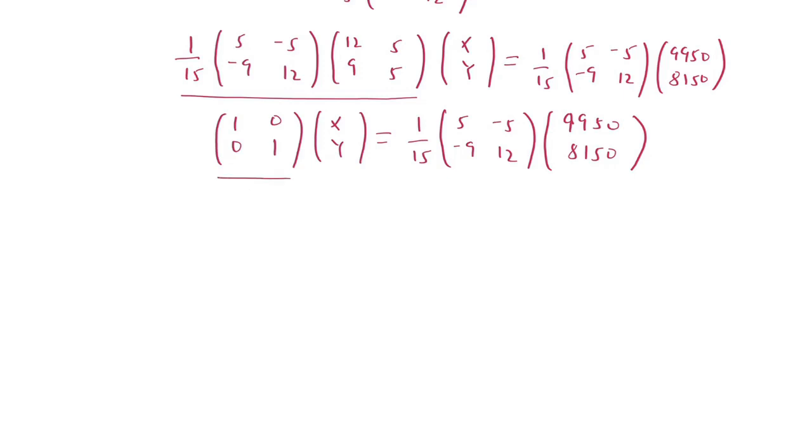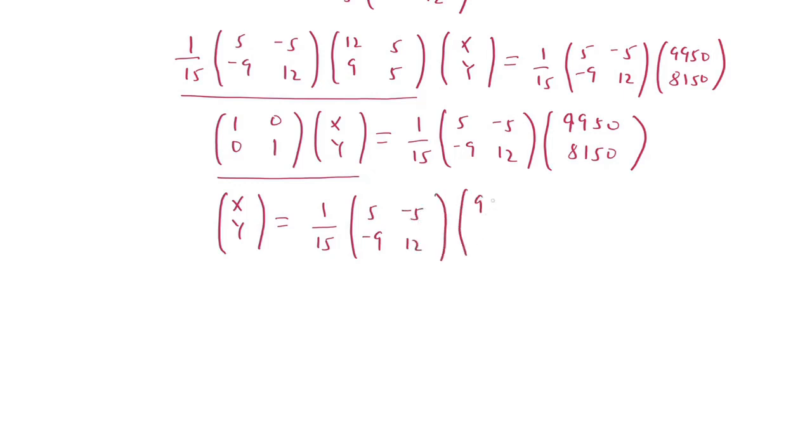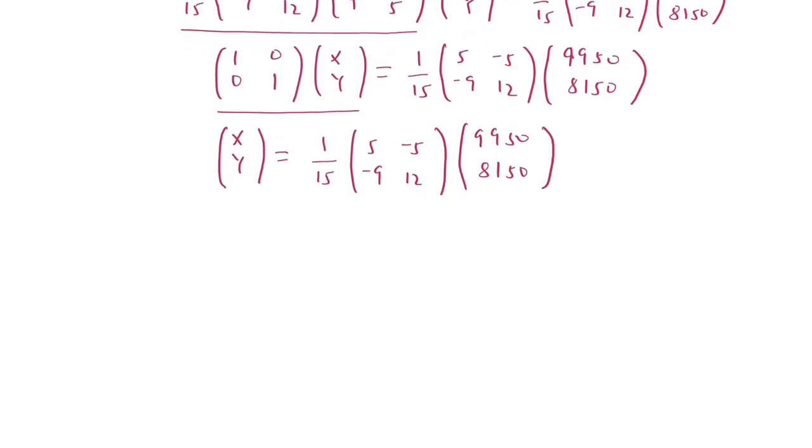Then for this part, we are going to replace it with just the matrix [x; y]. Then our equation is going to be matrix [x; y] equals 1 over 15 times matrix [5, -9; -5, 12] times matrix [9,950; 8,150].